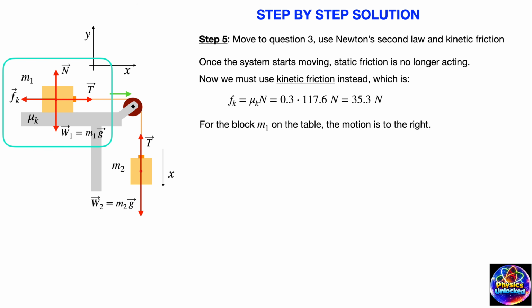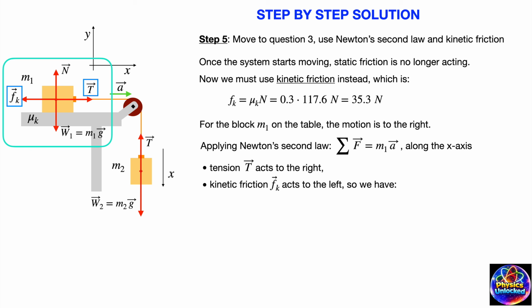Applying Newton's second law, we know that the sum of all the forces equals M1 times the acceleration. And we need to apply Newton's second law along the x-axis. So we need to have all the forces acting along the x-axis, and we have the tension T, which acts to the right, and so will be positive, and the kinetic friction Fk acting to the left, so it will be negative.